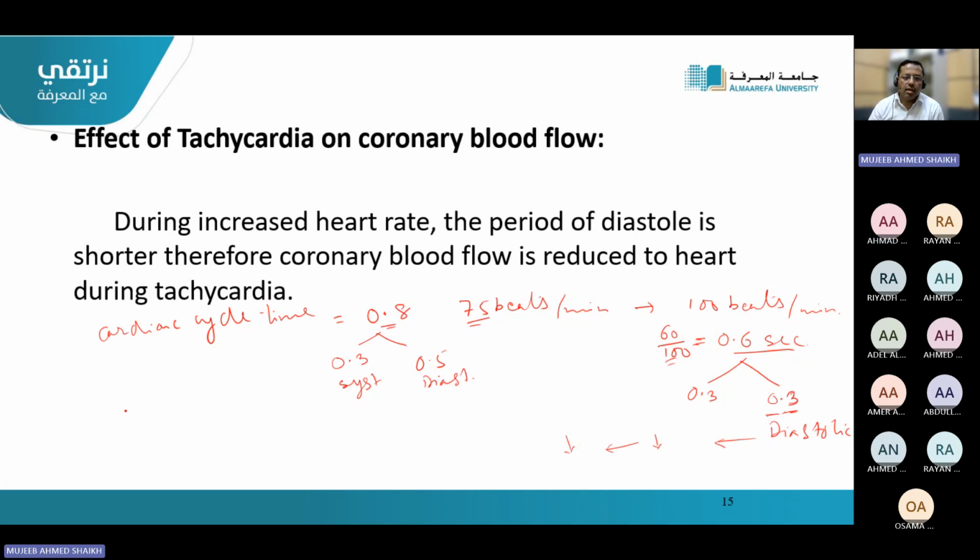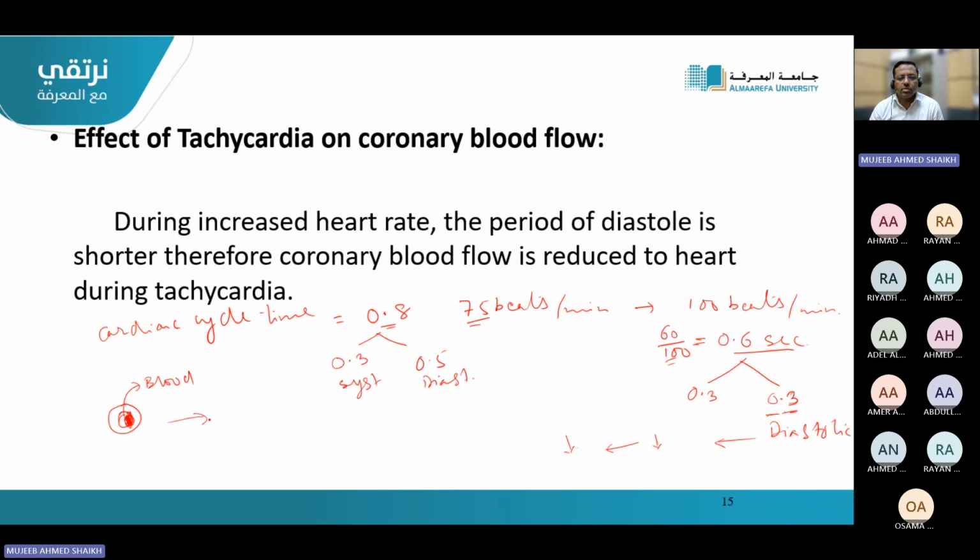Suppose a person has a coronary artery that is partially blocked because of atherosclerosis, and he is doing normal routine activity. There will be normal blood flow because it is not much affected, 50% is blocked.